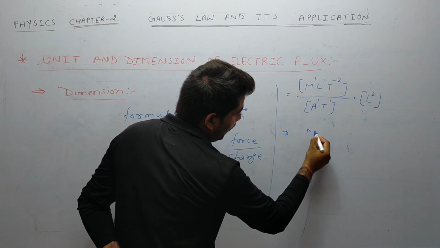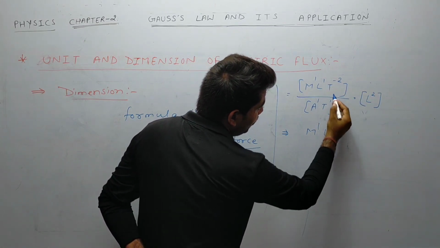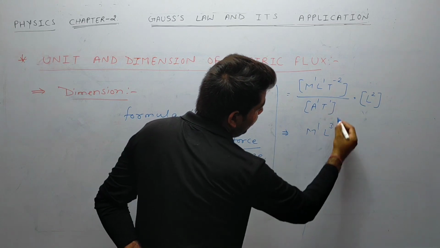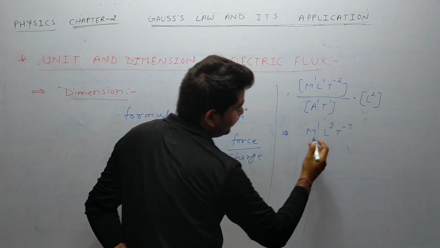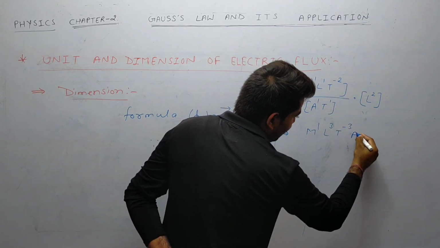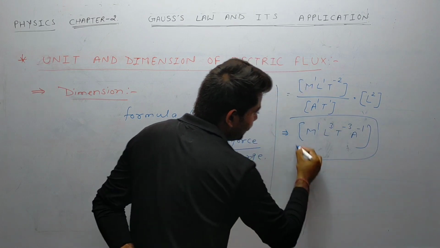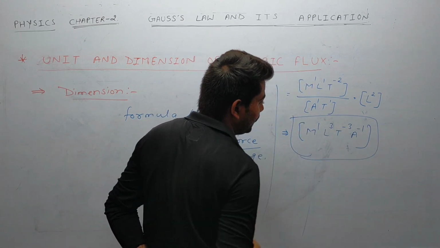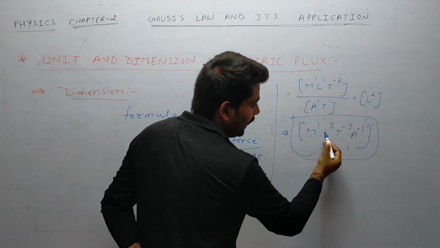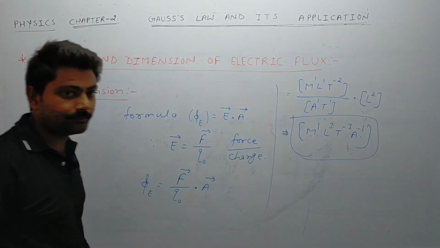We get M1 L3 T minus 2 minus 1, T minus 3, and this A1 is written as A minus 1. So students, this is the dimension of electric flux: M1 L3 T minus 3 A minus 1.